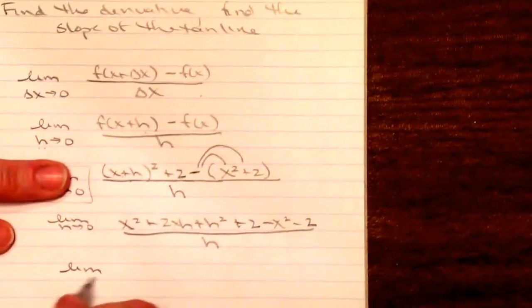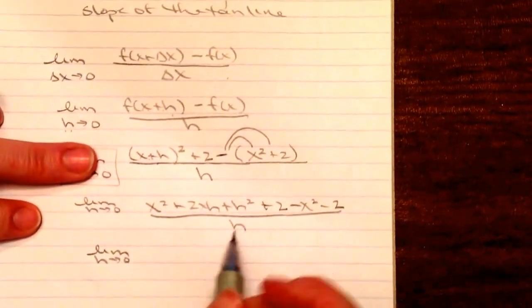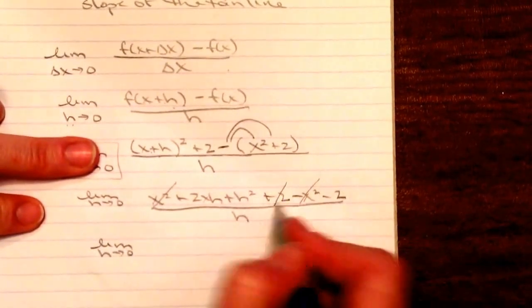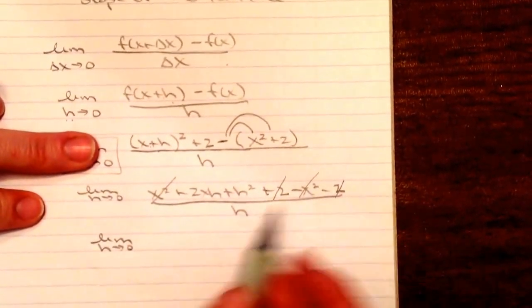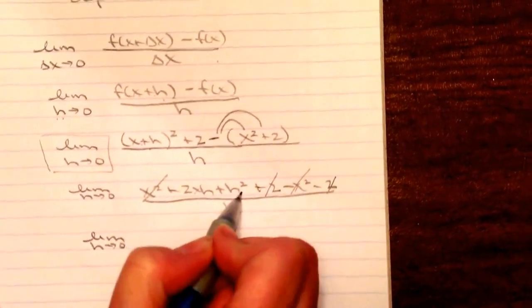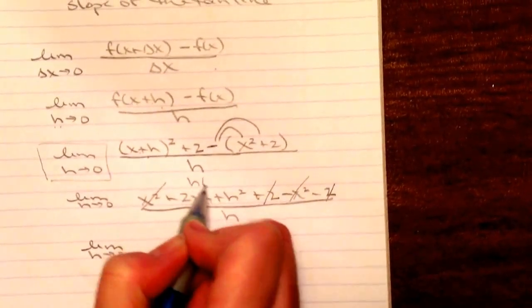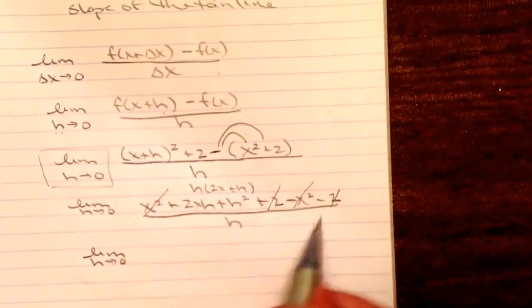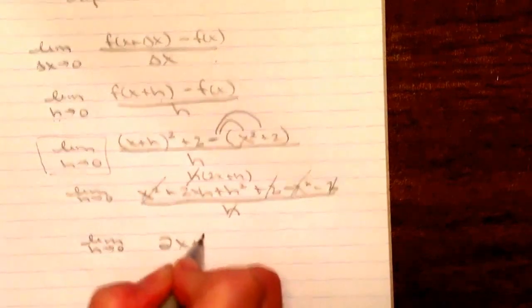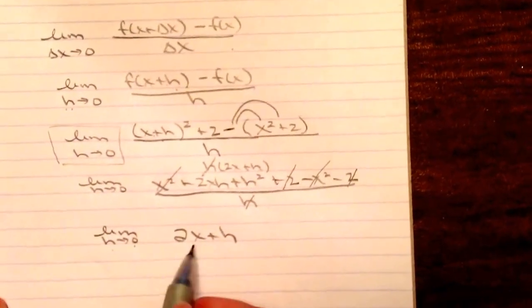We haven't taken the limit yet, so I have to keep writing that. But my x squared and my negative x squared go to 0. My 2 and my negative 2 go to 0. I'm going to divide my h out, so I'm going to factor an h out of the numerator so that I can divide it away. And I'm going to be taking the limit as h goes to 0 of 2x plus h.